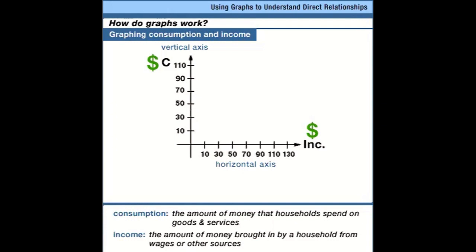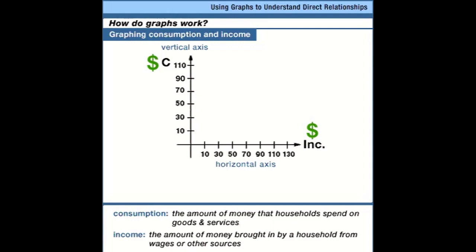Each data point that I have represents the behavior of a household. So I'm going to put data points in this graph, and each point will represent the behavior of one particular household. So suppose I have a household, and I know that their annual income is $30,000, and their annual consumer spending is $40,000.